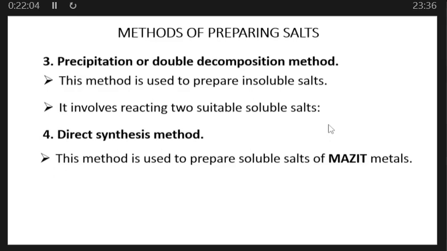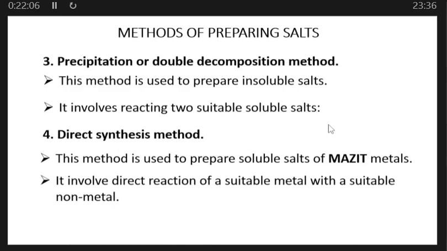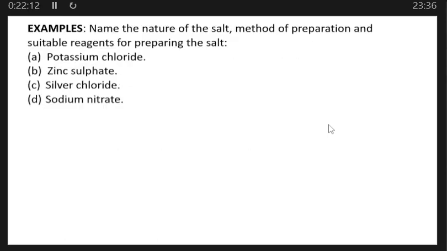All right. So I've already explained it. Now let's look at this example here. This example is saying, name the nature of the salt, method of preparation, and suitable reagents for preparing the salt. So we have potassium chloride, zinc sulfate, silver chloride, and sodium nitrate.